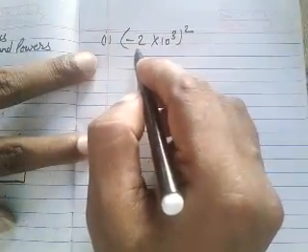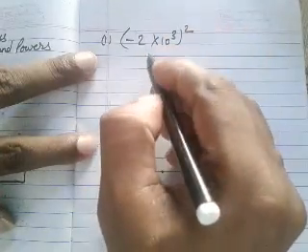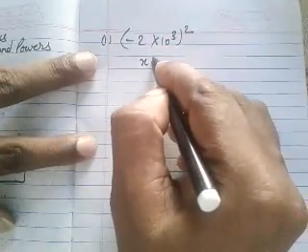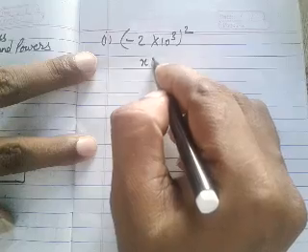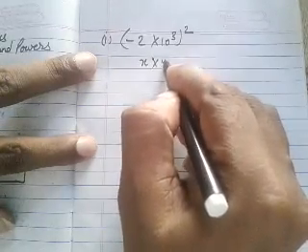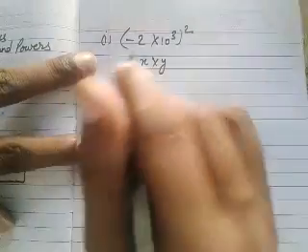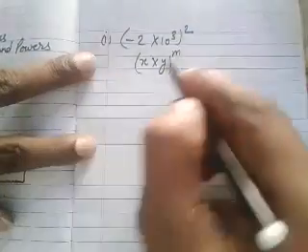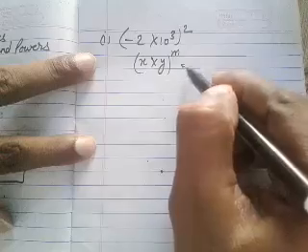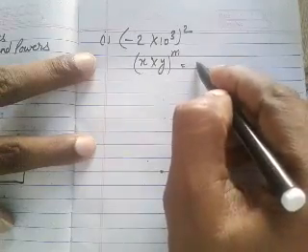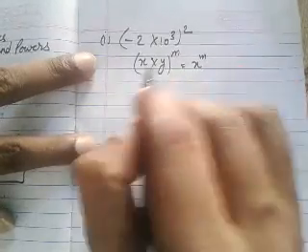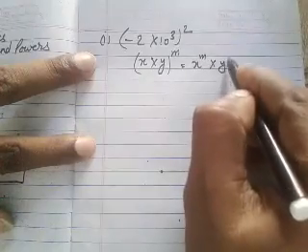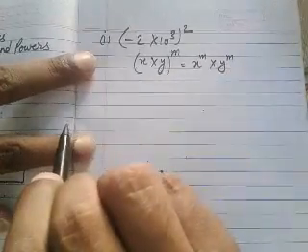So this expression also resembles two rational numbers. Suppose they are expressed in this form and they both have a common power, then they can be split up into x raised to the power m multiply y raised to the power m.